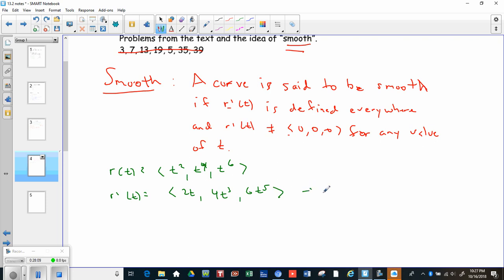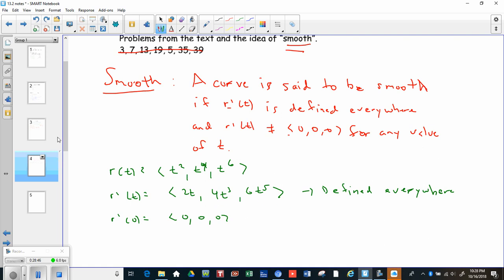Okay, this is definitely defined everywhere. There's no problem putting any value of t in there, right? Defined everywhere, or basically for every value of t. However, it should be very obvious in this case, and that's why I picked this one. If I let t equal 0, so r prime of 0, then we would get 0, 0, 0. We would get a 0 vector right there. So this is not a smooth curve because of that.